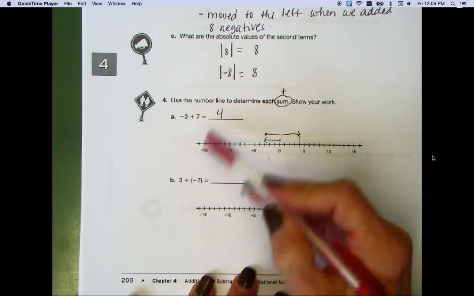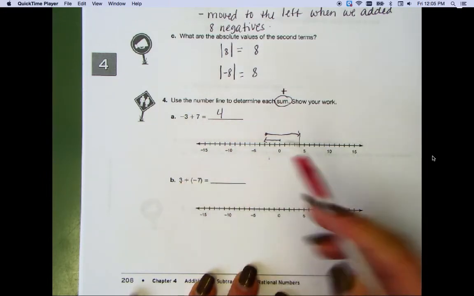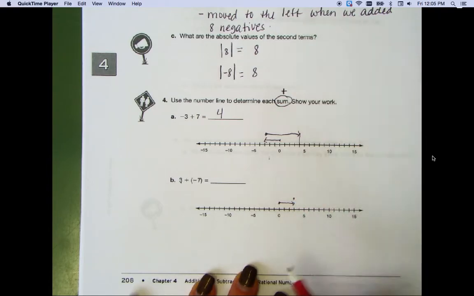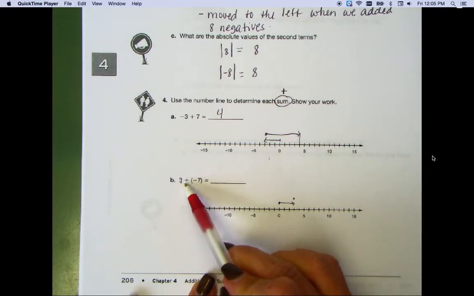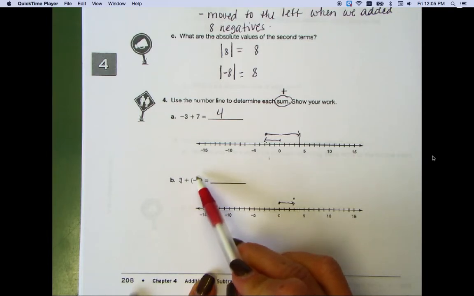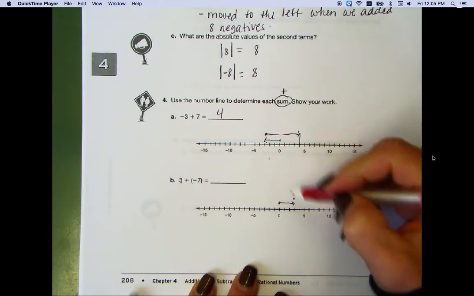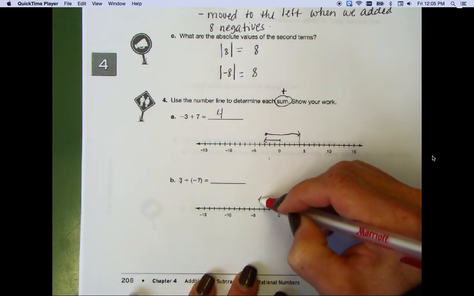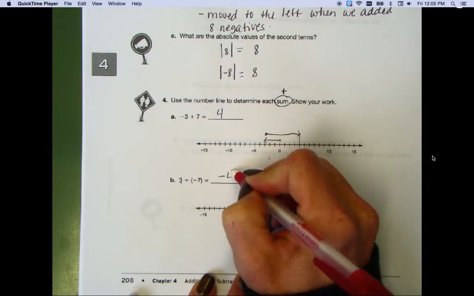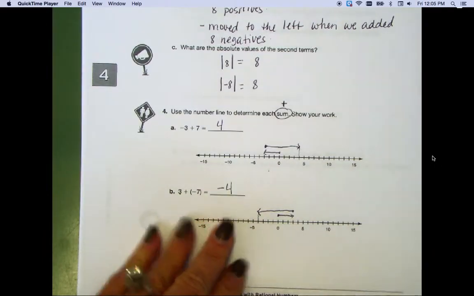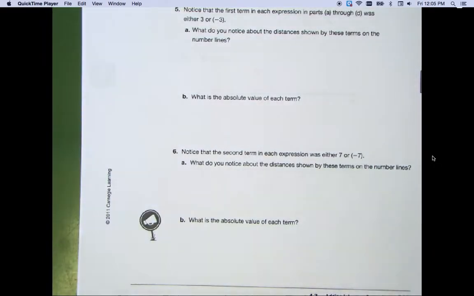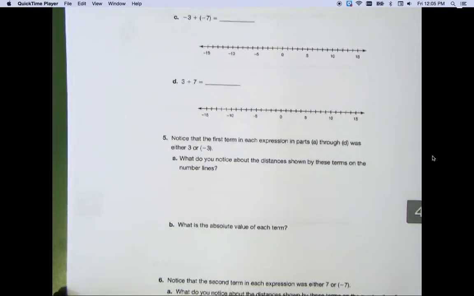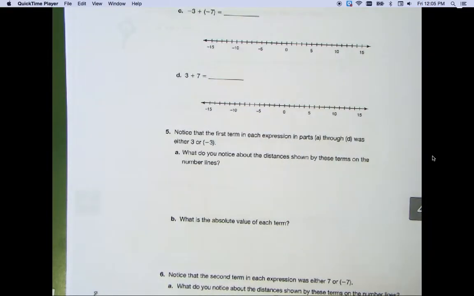This one looks very similar, but I'm starting now at positive 3. So at 0, I go to positive 3. From there, I'm adding 7 negatives, which means I'm moving in a negative direction 7 spaces, which means I'm ending right here at negative 4. Now we have negative 3 plus negative 7.